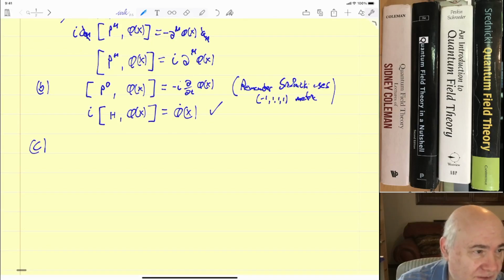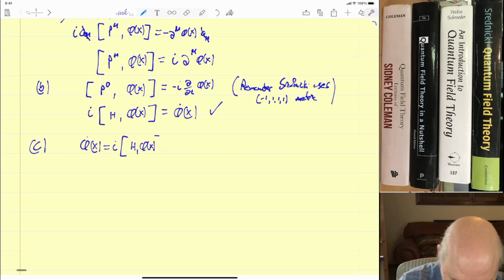Part C says for a free field, use the Heisenberg equations to derive the Klein-Gordon equation. So we have, this is one of the Heisenberg equations of motion. Phi dot of x equal to I, commutator of H comma phi of x, is equal to I, commutator.